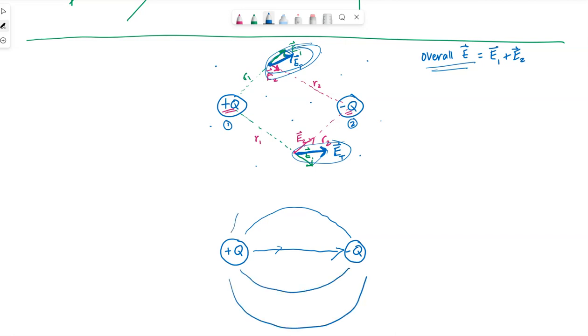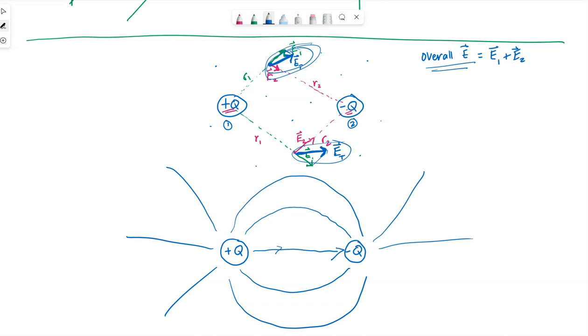So ultimately, we get a setup where we would have electric field lines coming out from positive Q, going in to negative Q, and these lines represent the general look of the electric field.